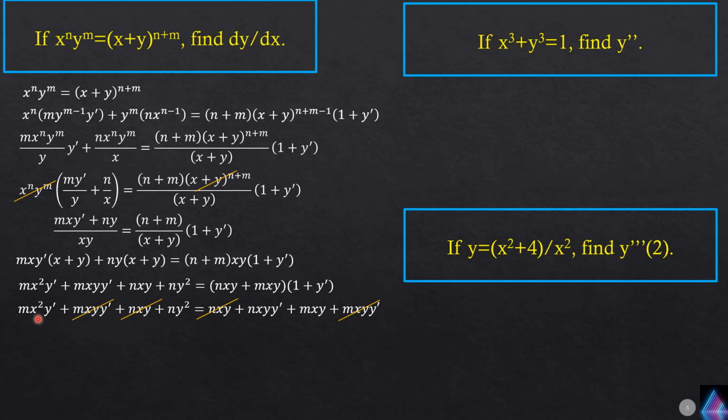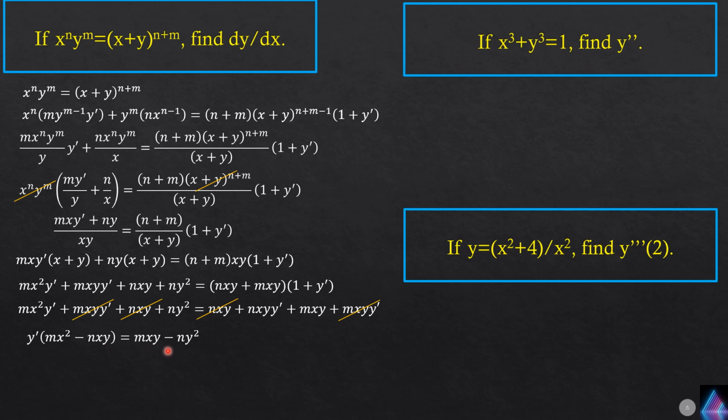So here m x squared y prime and we have n x y y prime. We factor out y prime as common, then we have y prime (m x squared minus n x y). And the right side, m x y minus n y squared. For these quantities in parentheses, x is common, so we have x y prime (m x minus n y).